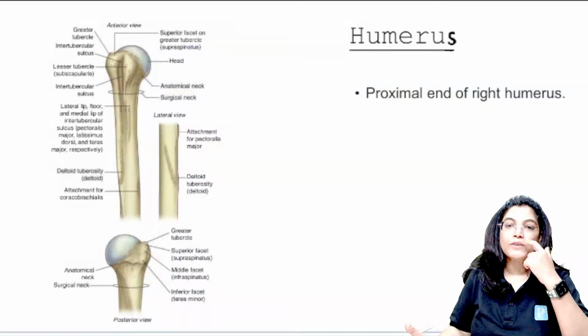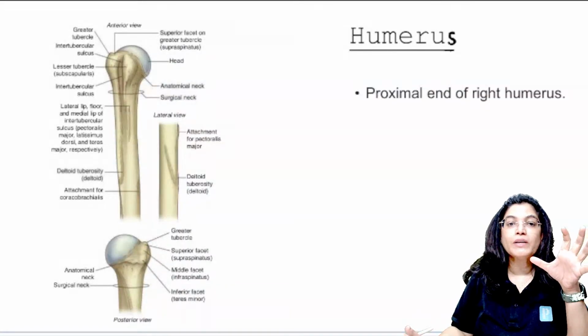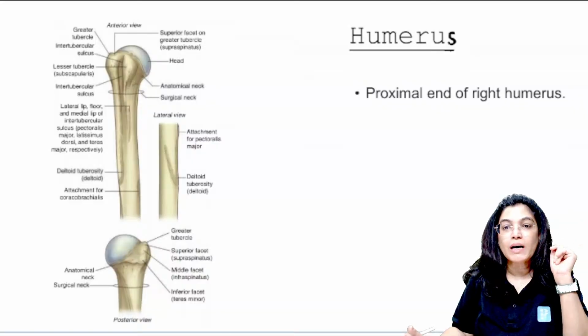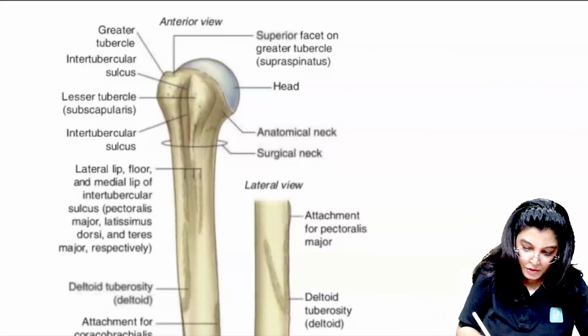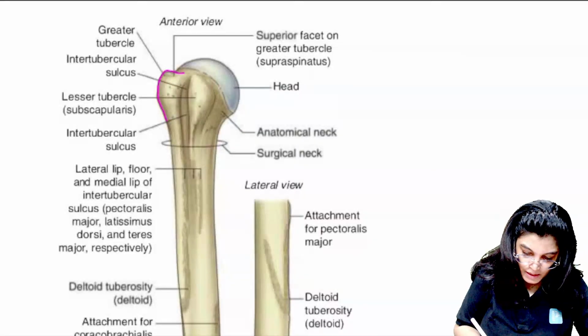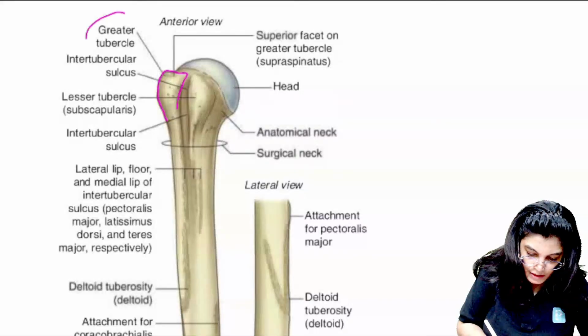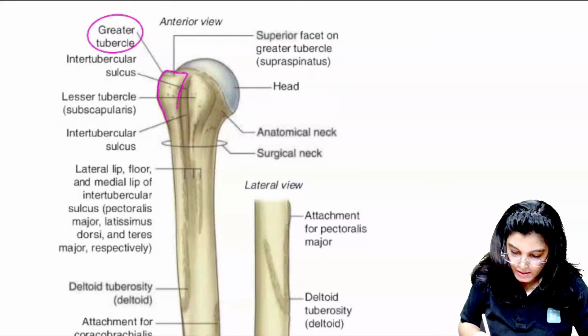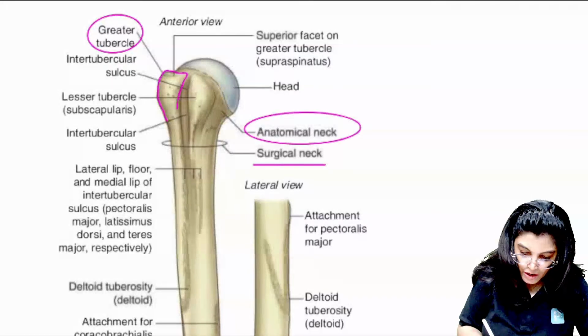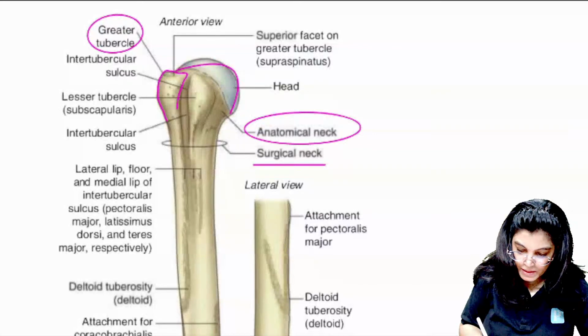Now, I would also like to show you an image where you can appreciate a few of the bony landmarks of the humerus bone. Let me enlarge this. In the humerus bone, we can see the greater tubercle. We can also appreciate the surgical neck and the anatomical neck of the humerus, which is close to the head of the humerus.